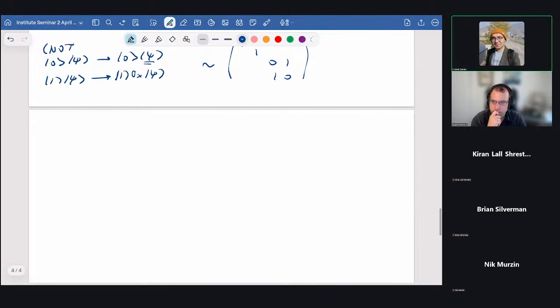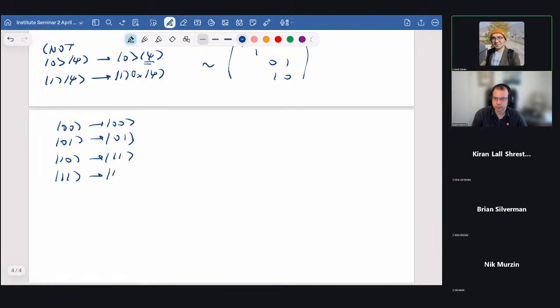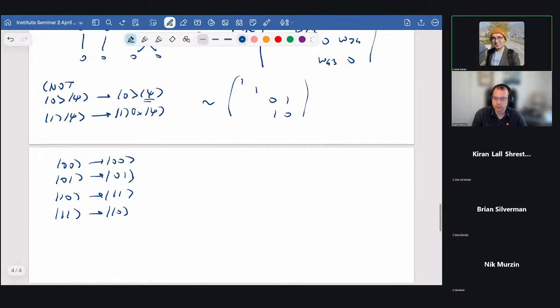So that means it maps 0,0 to 0,0, 0,1 to 0,1, 1,0 to 1,1, and 1,1 to 1,0. So that's the reason why we have these elements here. So the first qubit is the control operation. This is also why it's called CNOT, which means controlled operation.